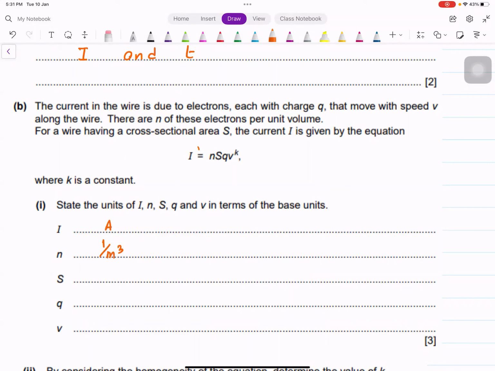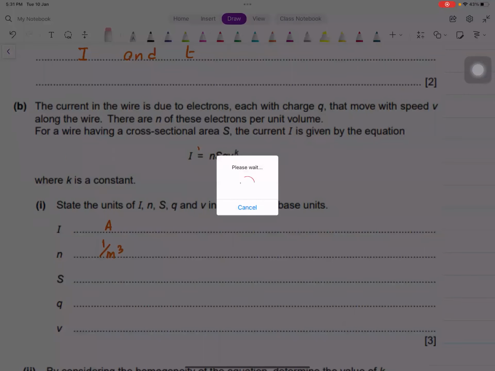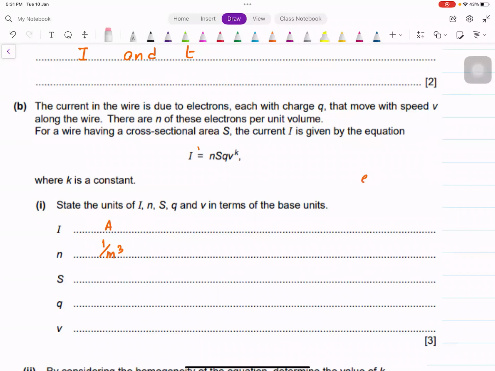So let me just write it this way. Do you guys understand this? Just a second, let it sink. Anyway, N is electrons per unit volume. So anytime you do not understand a term, you can just write it down.